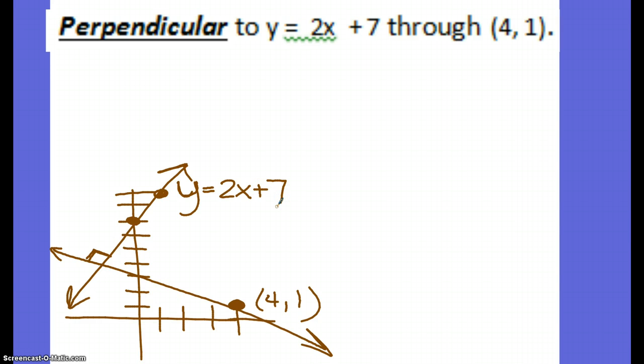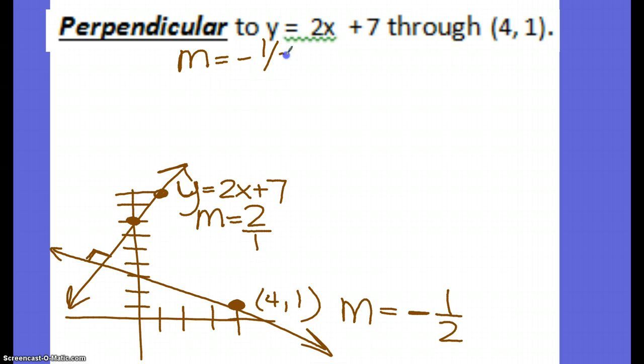And if we want the line to be perpendicular, we know that the slope here is 2. So the slope here, we need the opposite sign. So this one is going to be negative. And if you take the reciprocal, we're going to have negative 1/2. So we need to use the slope of negative 1/2.